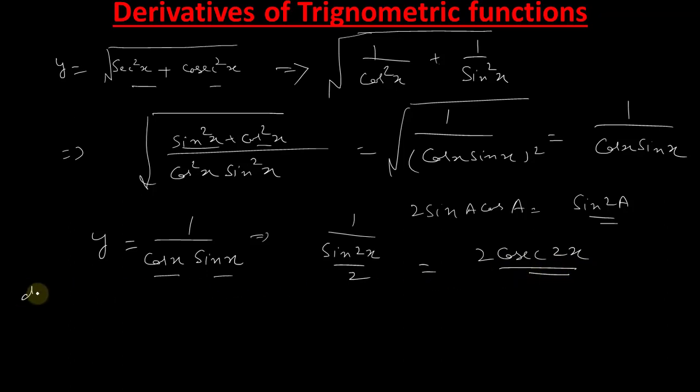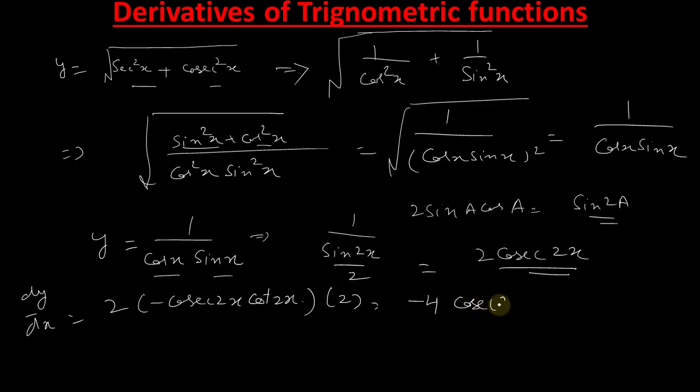If we take its derivative, then 2 times the derivative of cosecant is minus cosecant 2x cot 2x, into the derivative of 2x, which is 2. So 2 into 2 is 4, minus 4 cosecant 2x cot 2x. So that is your answer, minus 4 cosecant 2x cot 2x. That is the answer of this derivative.